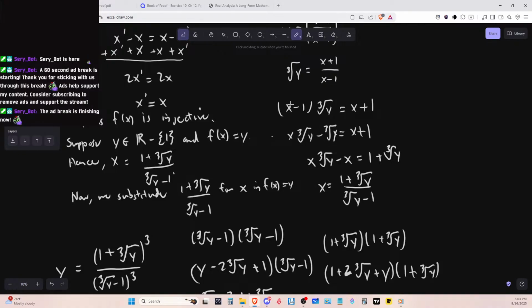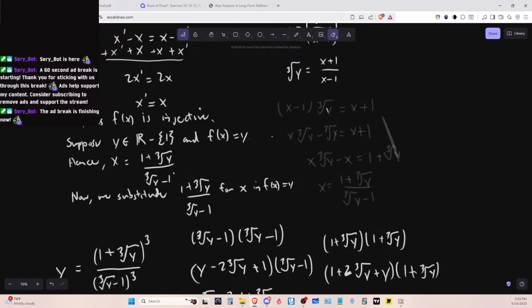I missed something here. Alright, let's just do this over, because for some reason I think I'm just confusing myself by looking at the algebra, and I'm like, maybe there's something in the algebra I missed.